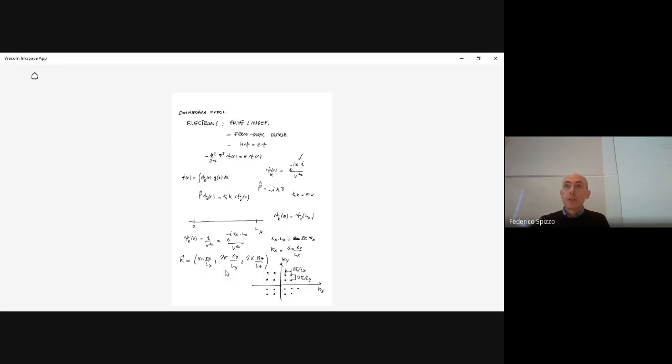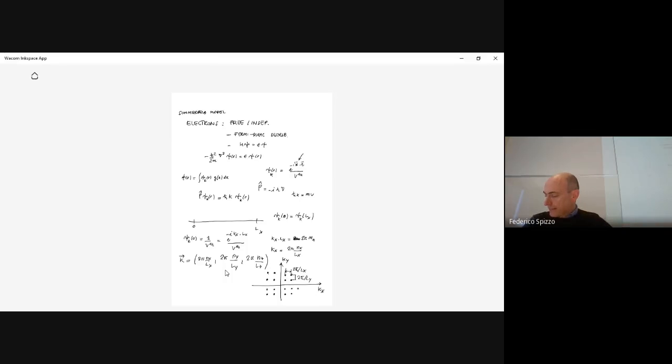In this situation, so free electron within this box, the equivalent of those quantum numbers is k. So k, with these three components, is a sort of quantum number that identifies in a precise way one single electronic wave function.